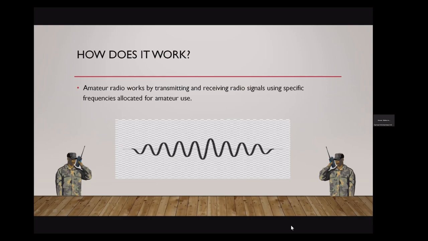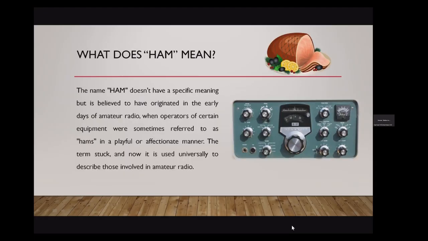Now, how does it work? Amateur radio works by transmitting and receiving radio signals using specific frequencies allocated for amateur use. What does ham mean?